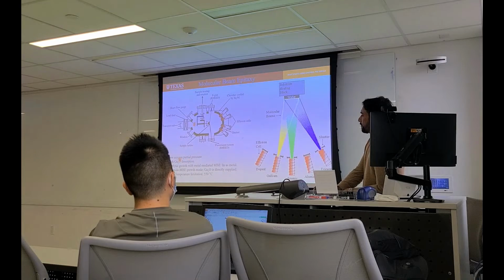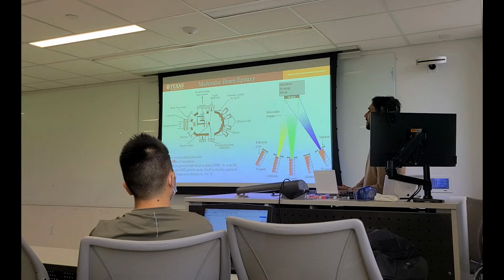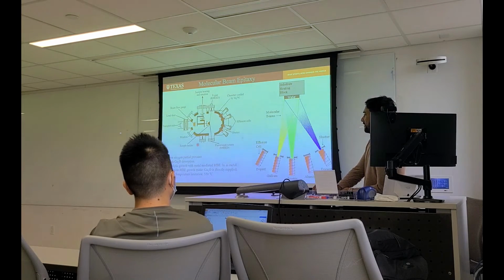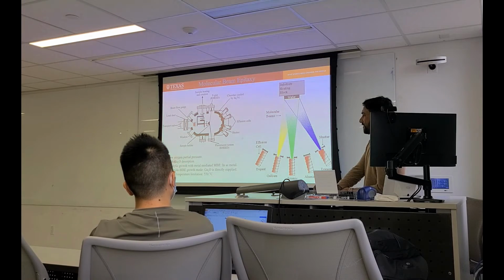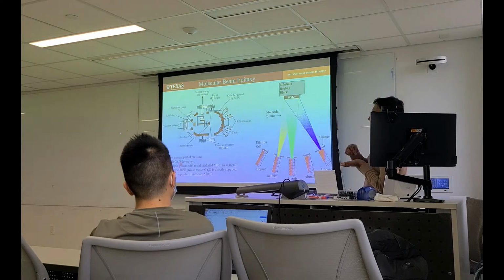Because of low oxygen partial pressure, you get desorption and out-diffusion. When you increase the temperature and the vacuum, Ga2O is desorbed from the substrate. You want to grow gallium oxide, Ga2O3, but because of the low oxygen partial pressure, the desorption rate is also high. That's why the growth rate is very low.